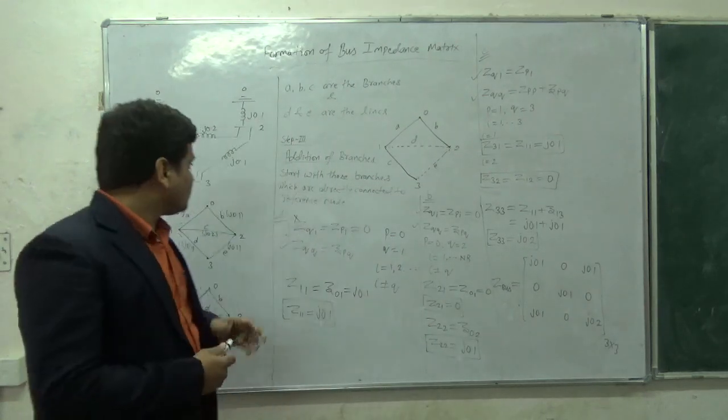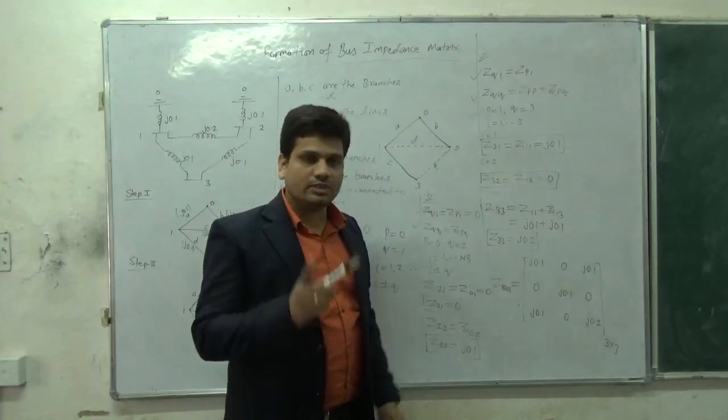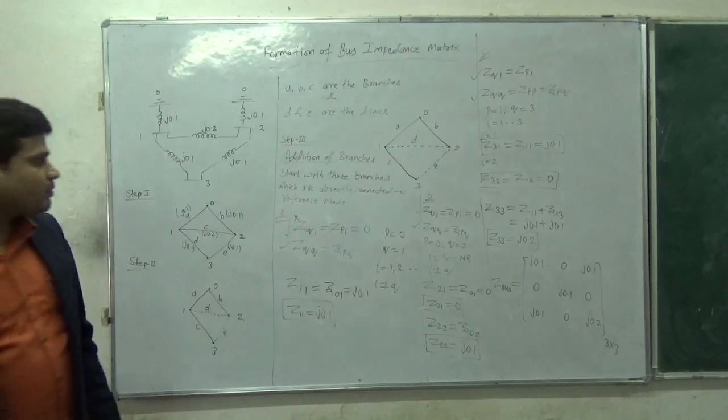So this was step number 3, addition of branches. We have covered all the branches. Now step number 4, that is addition of links.